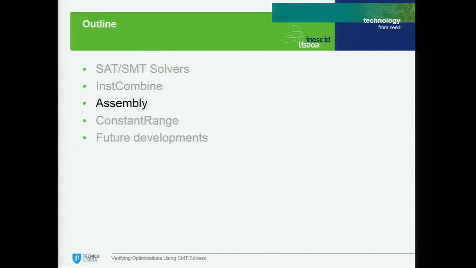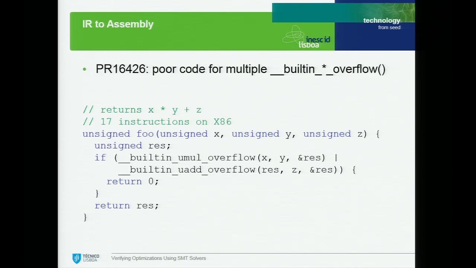So let's look at some assembly code to see that we can also do something different. Another real story. I submitted this bug report about the built-in overflow intrinsics. I wanted to do x times y plus z and get 0 if any of these operations overflows, or otherwise return the result of the operation.